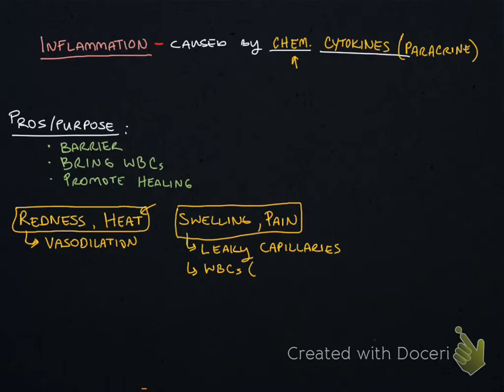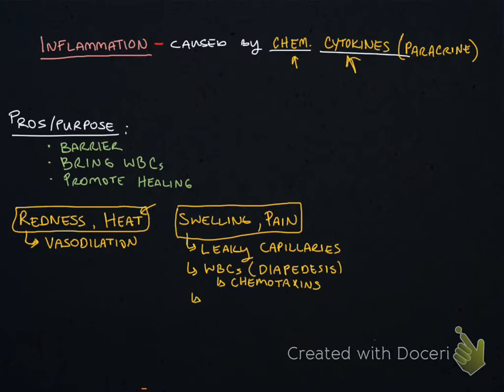This process, the white blood cells moving from the blood to the tissue, is called diapedesis. And they do this by following these chemical cytokines, which are called chemotaxins. And they create this sort of breadcrumb trail for these white blood cells so that they get to the damaged tissue, so they get to the right area.